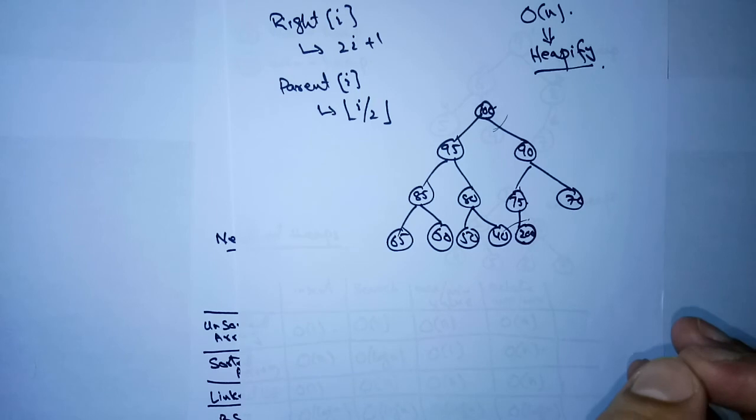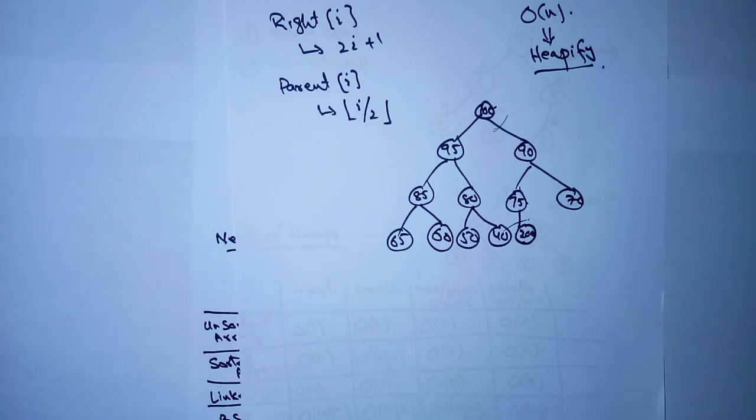So in this video, what we actually did: we discussed the binary trees, what binary trees are, complete binary trees, almost complete binary trees, right? And we discussed the properties of complete binary trees: how we can find the maximum number of nodes in a tree, how we can find the height of the tree, where the leaf nodes start, where the non-leaf nodes start.